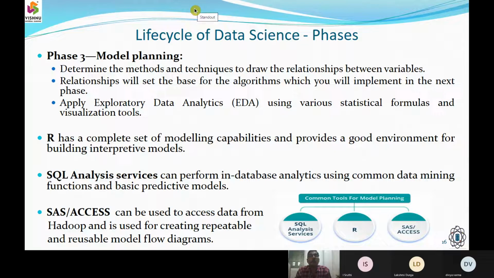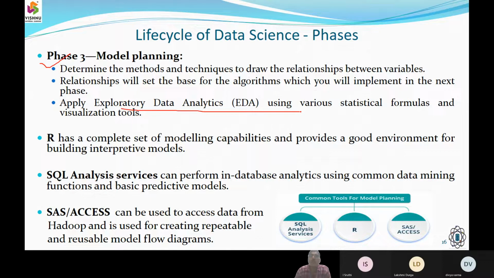Next one we have is model planning. In model planning, we are going to use much exploration of the database or the data set.